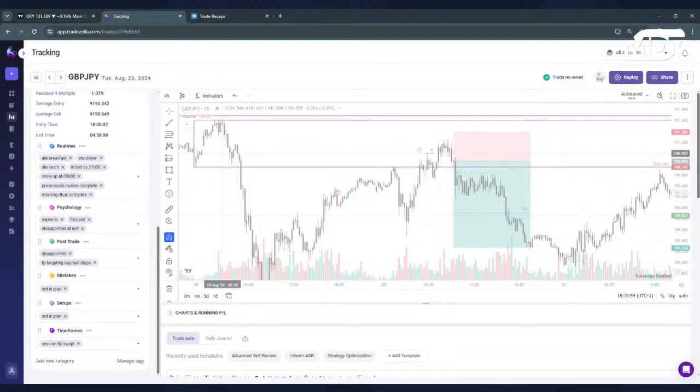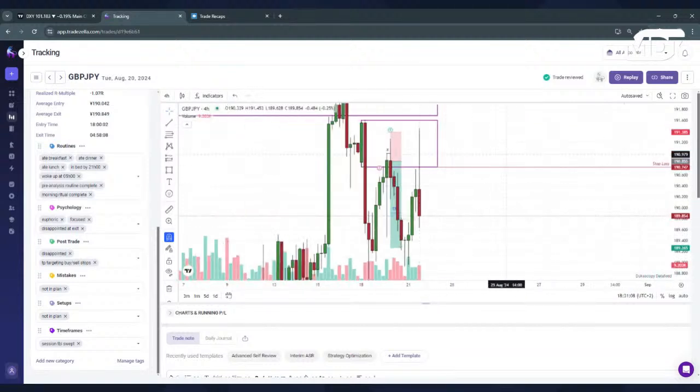And I showed you the 1-hour fair value gap, but there was another fair value gap on the 4-hour. As you can see here, the devil's in the detail, something like that. This was the fair value gap.